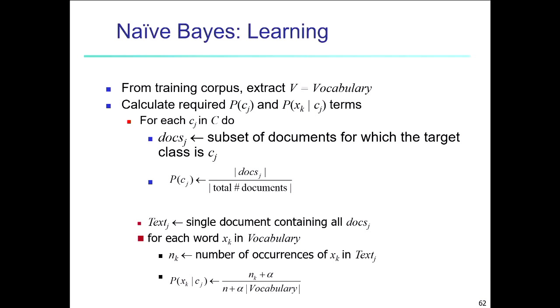And the probability of xk given Cj here, this is the formula, where vocabulary is what we extract at first. And this nk is the number of occurrences of xk in text j. This text j, you can think it is a mega document which contains all the documents in the data set.